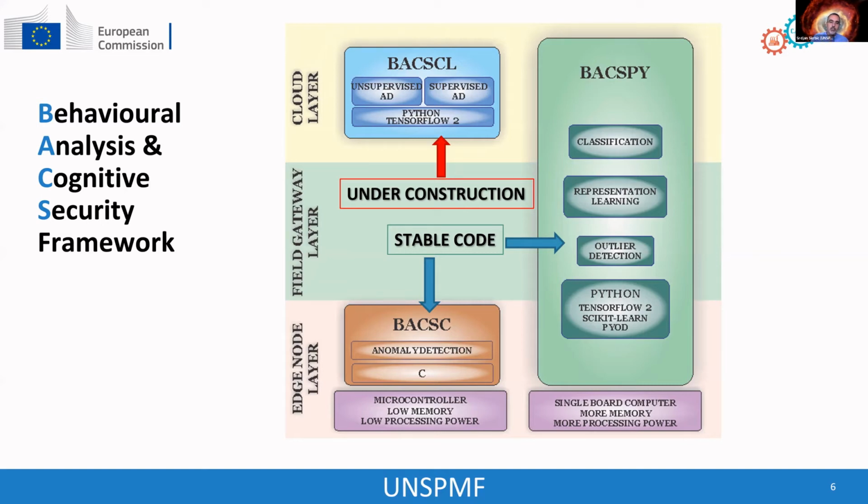You will hear a detailed explanation of how that one looks, but it has low processing power and a very small amount of memory available. So for this specific use case, we have the module BACS-C. That C means the programming language C, it's written in C, and it's lightweight anomaly detection.